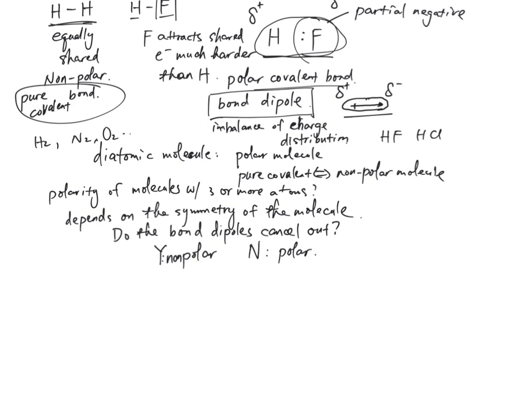What about CO2? What kind of molecule is it? Well, if you draw the Lewis structure, we've done this before, using the rules, we have two electron clouds, so a linear molecule.